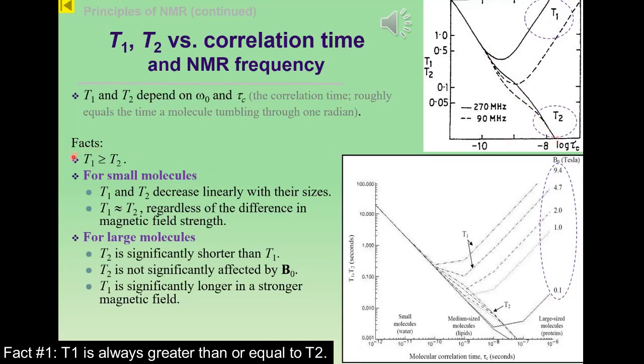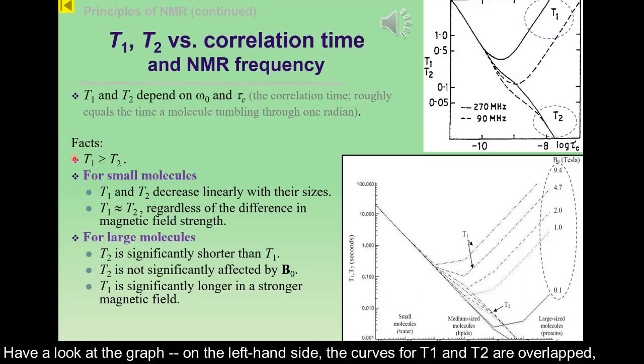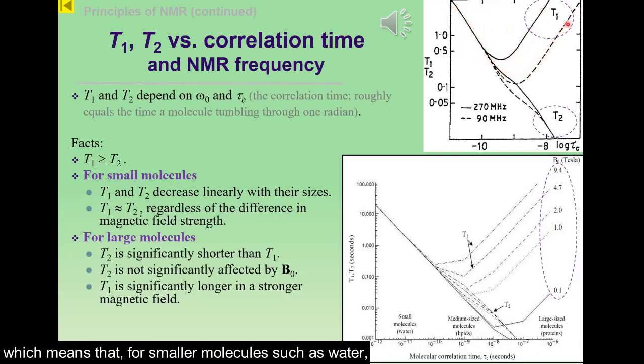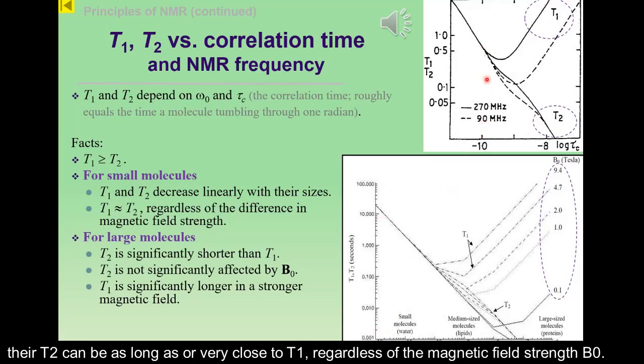Fact number 1. T1 is always greater than or equal to T2. Have a look at the graphs. On the left-hand side, the curves for T1 and T2 are overlapped, which means that for small molecules, such as water, their T2 can be as long as or very close to T1, regardless of the magnetic field strength B0.